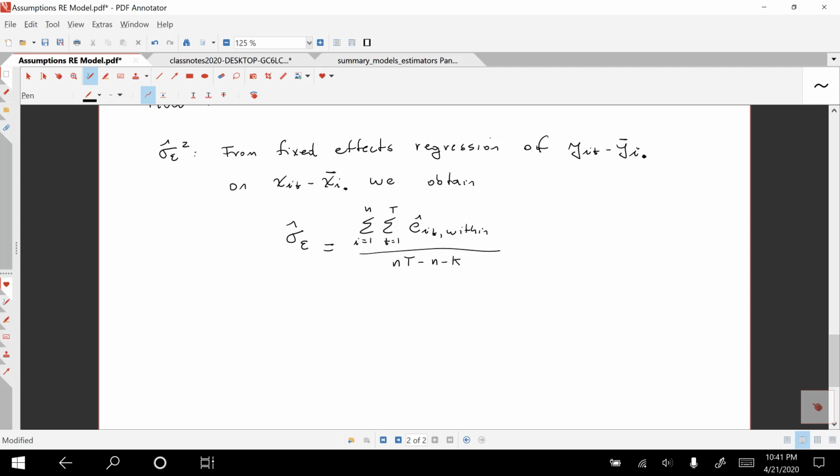Okay, so what's going on here? Just to give you some intuition, this error term uses the observed values of the dependent variable minus the predictions, which are obtained by multiplying the explanatory variables times the coefficients from the within, or what we call the fixed effects estimator.